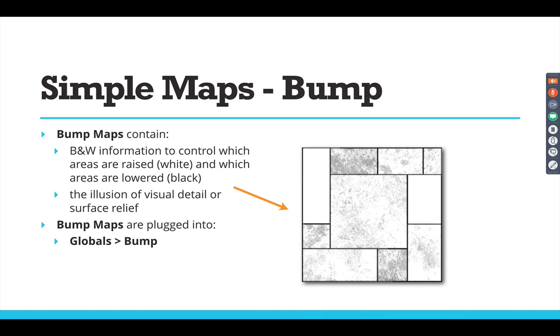In fact, most bump maps start with a 50% base fill, and then you can paint relief in it. White is going to look like it's raised up, black is going to look like it goes in. Does that make sense?